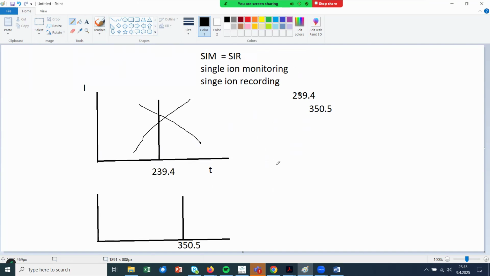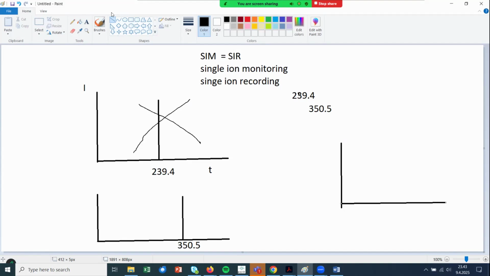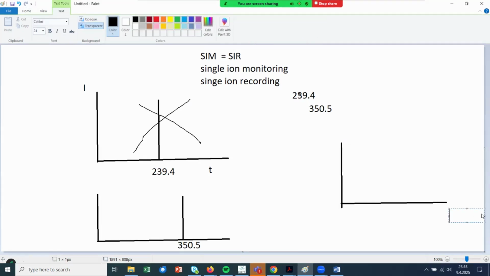And then the other way of doing our analysis is scanning. And scanning is when we are choosing that we are interested in more than just a couple of different ions. We are actually interested in analyzing a whole spectrum of different masses.